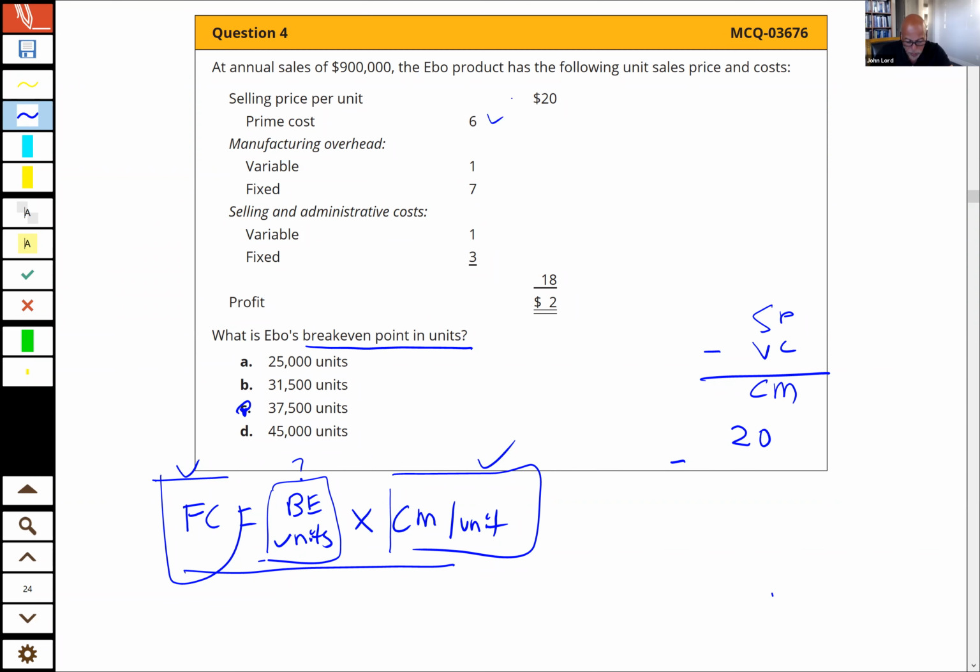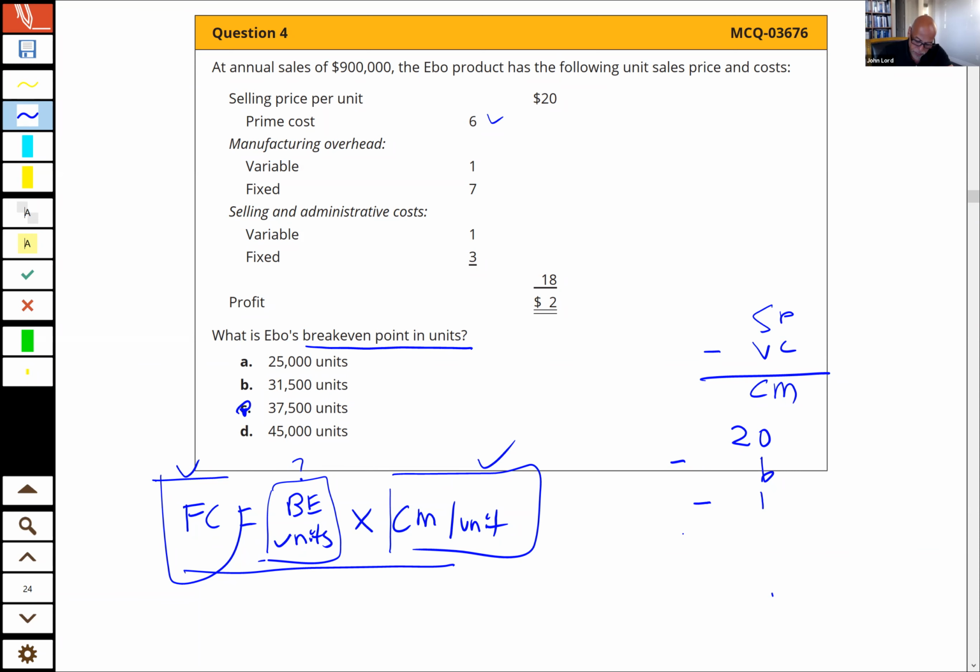Now here we go. Prime cost. Sorry guys, got to know that prime cost is direct labor and direct material. Are direct labor and direct material variable? Yes, they are. So I now have to subtract that. Manufacturing overhead variable. Thank you.